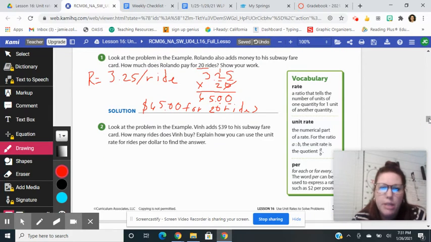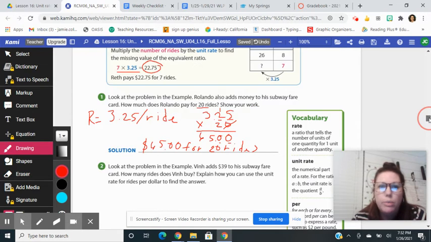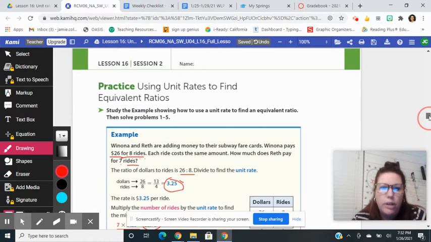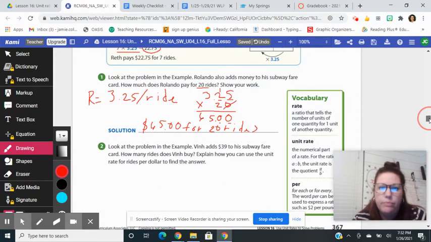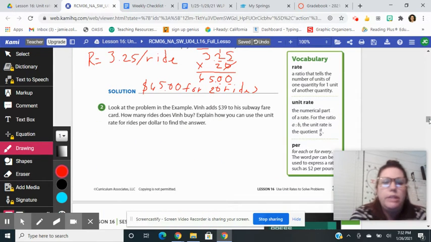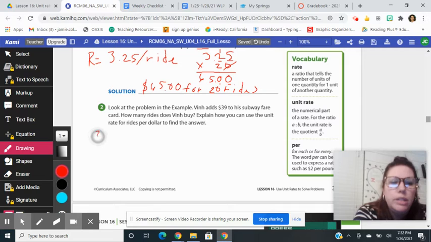Look at the problem in the example. So we're still using the example above where it is $26 for 8 rides. I'm just going to write that right here. $26, just so I don't forget, for 8 rides.